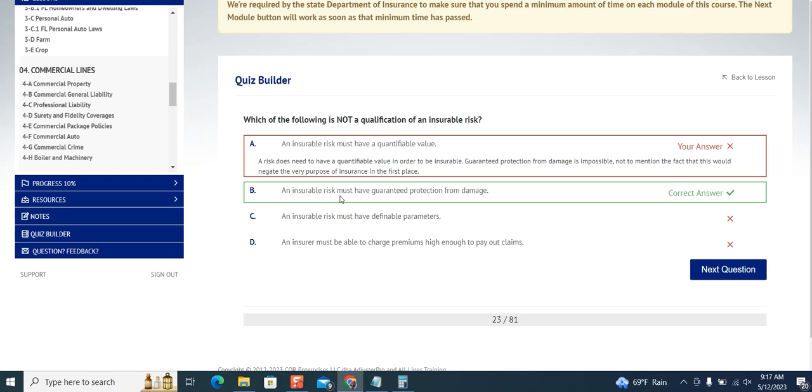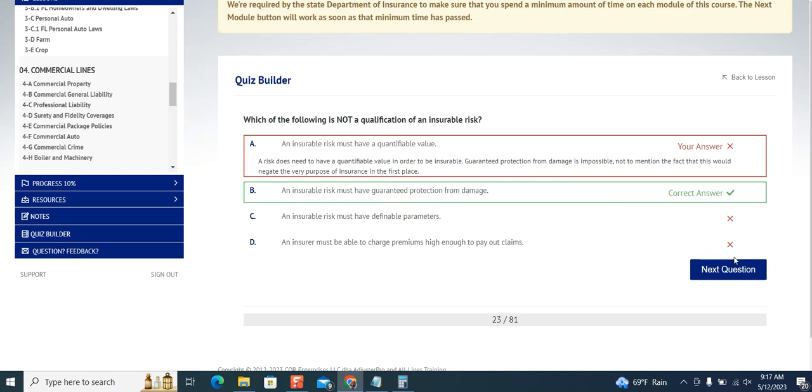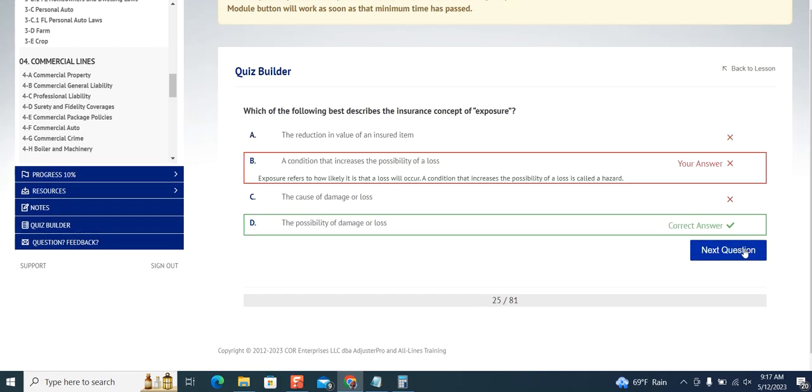An insurable risk must have a guaranteed protection from damage. Okay, so that's not a qualification. I think I just misread that question. That seemed like I should have got that right. Maybe I was going too fast or something.